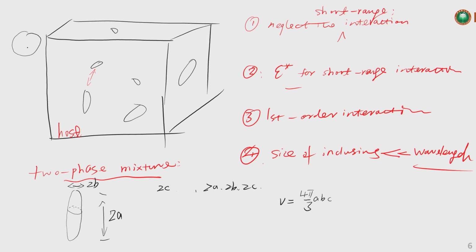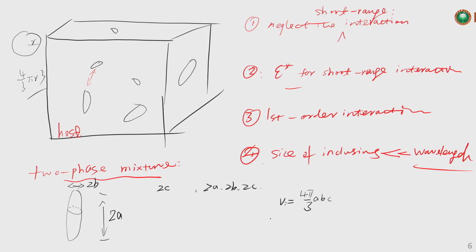For a sphere, its radius is r. Its volume is... am I correct? So we have ABC. So this is the volume of one ice particle.